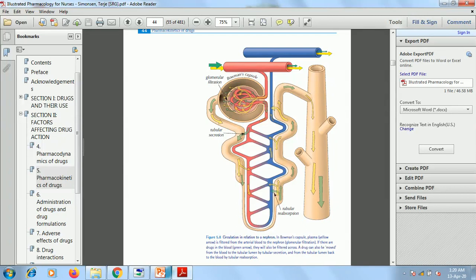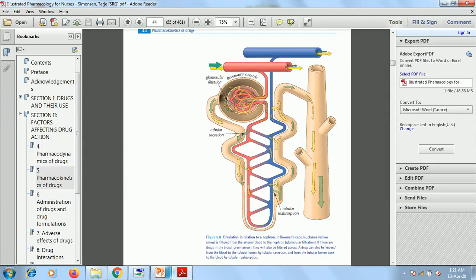Now what happens? All the materials get filtered into the urine, but not all the filtered load is being excreted out. Certain things get reabsorbed, while certain things come back. For example, here, what is glomerular filtration?